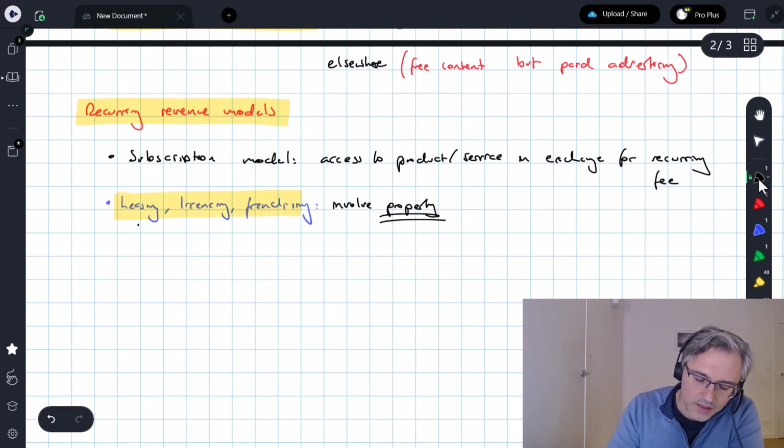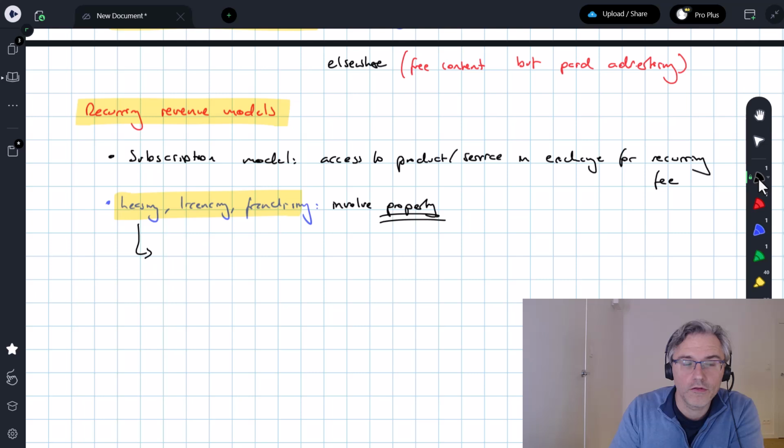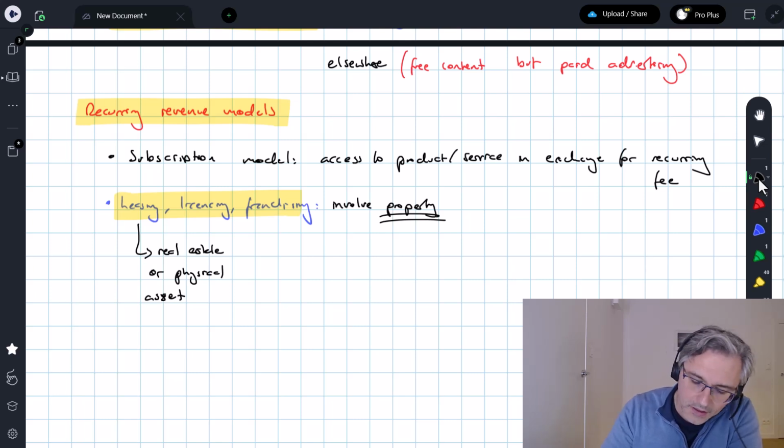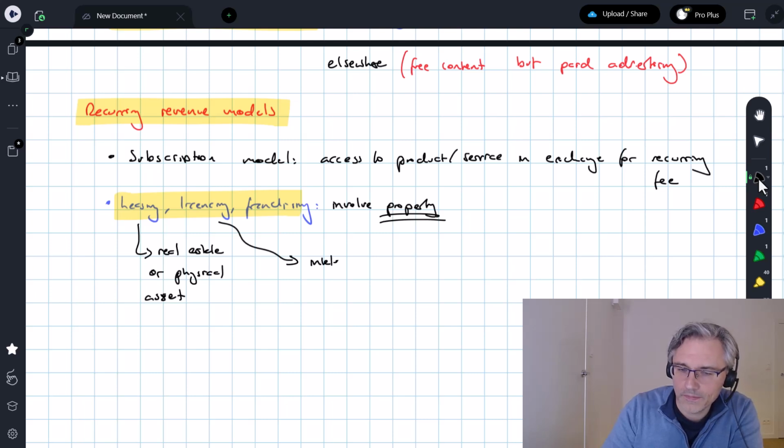So leasing means that for a recurring fee, like a monthly fee, you have access to real estate, like office property, or some physical asset like a machine, or a vehicle like a car. Those are leased. Licensing applies to intellectual property, which you may obtain under a license.